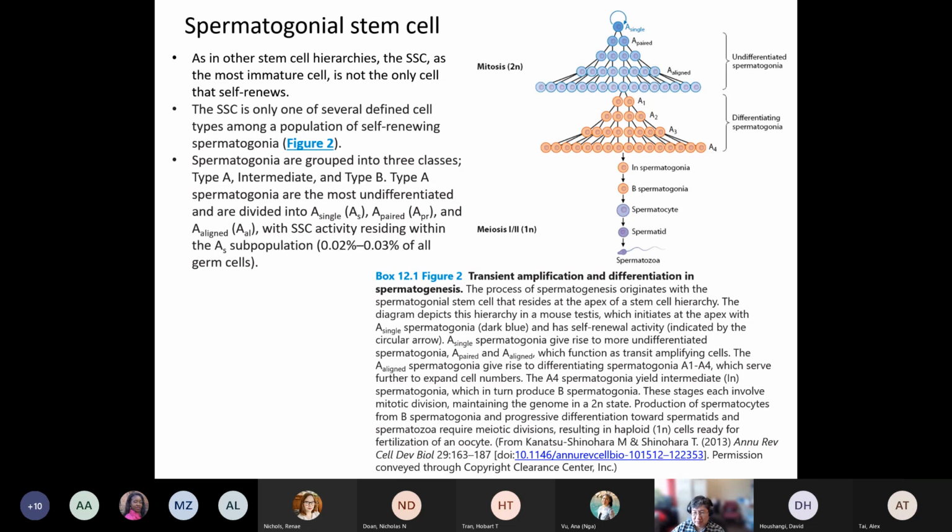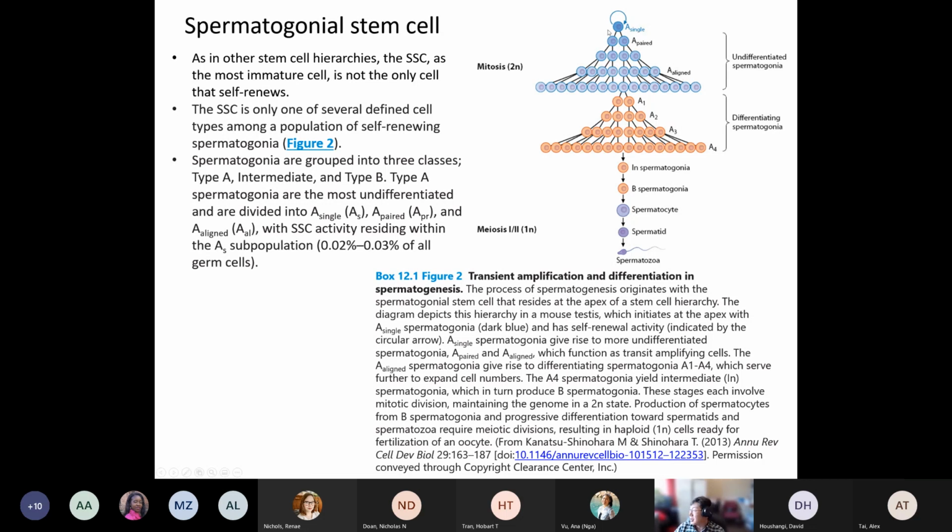In terms of how immature they are, you will say that A-single is the most immature because it should give rise to A-paired and A-aligned sequentially. But that's a straightforward prediction, and there are other theories. Some others propose that A-aligned will be able to give rise to A-single.